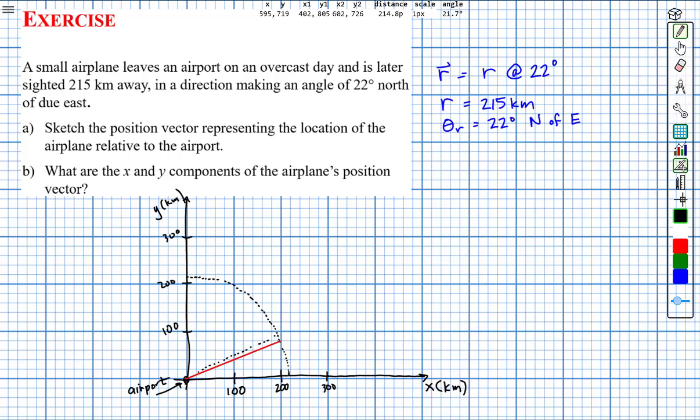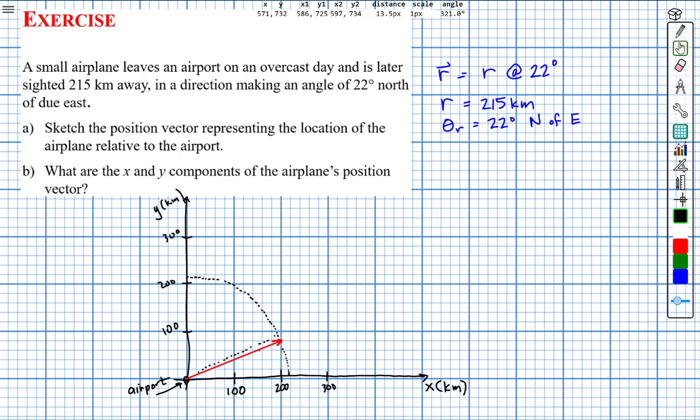And actually, I'm feeling pretty good with my guesstimate. See how my quarter circle is basically what my protractor was telling me was 215 units approximately. And notice how my angle that I guesstimated is pretty close.